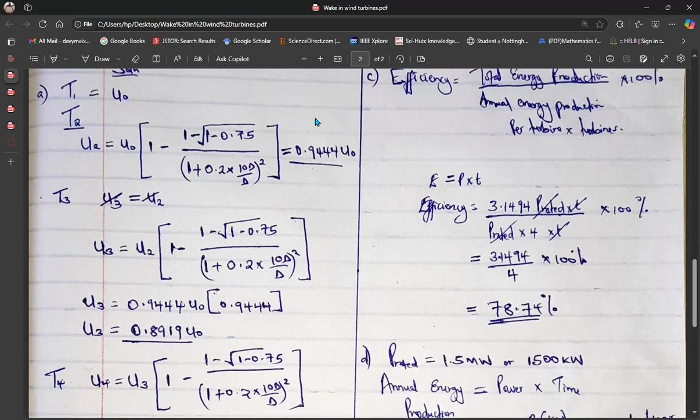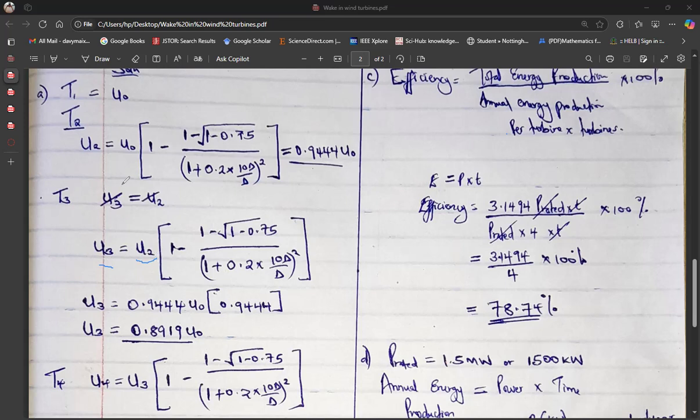So when you go to the third turbine, we have U3 equal to U2 now, instead of U0, which is the speed for the first turbine.